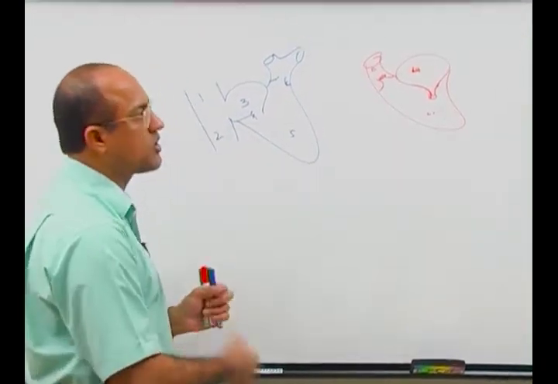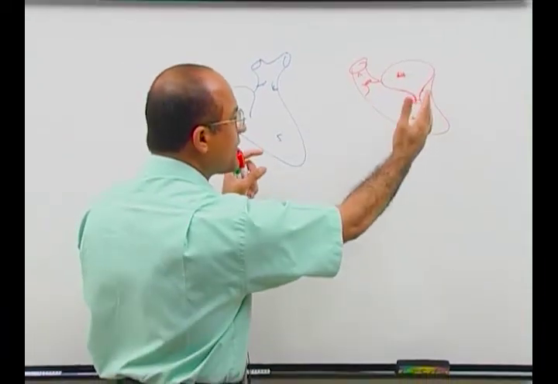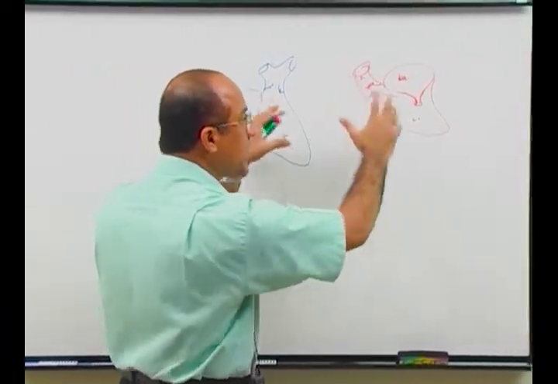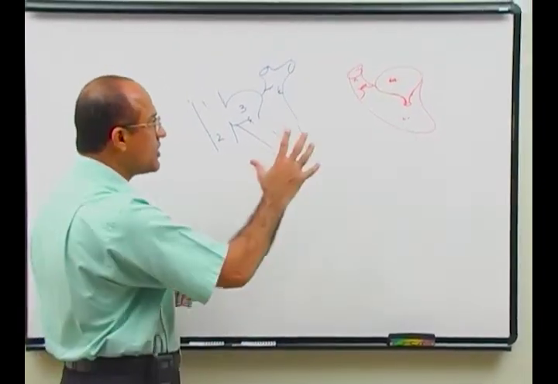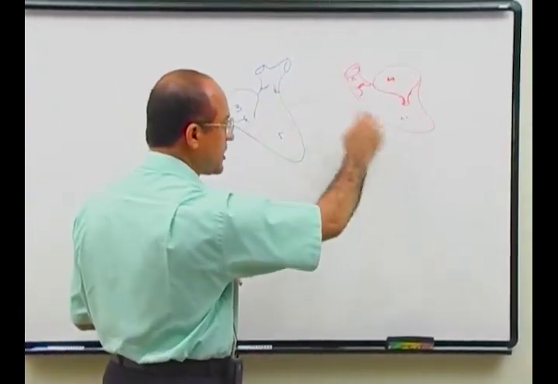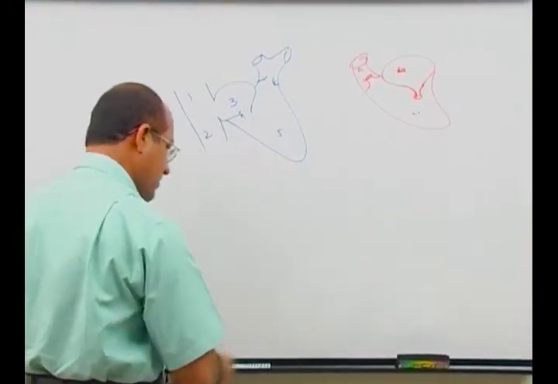Now let's put both the left part of the heart and the right part of the heart in perspective with the vascular tree, right? What is the relationship of the whole cardiac structure with the vascular connections?